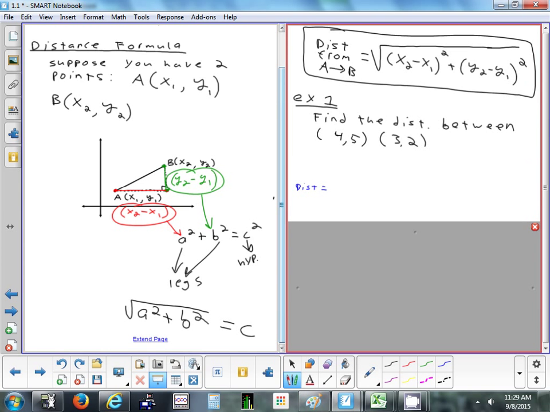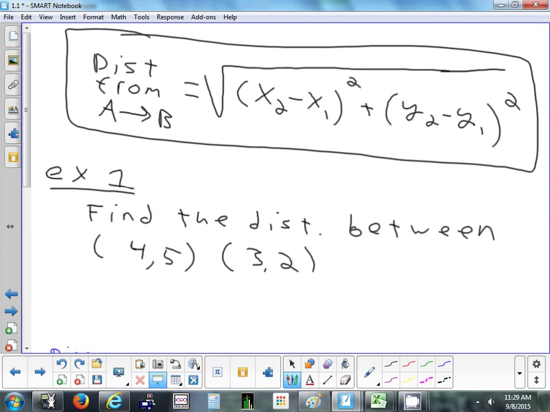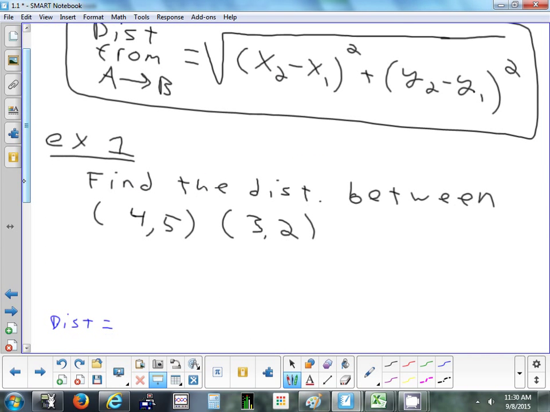Let's try that example. Okay, find the distance between the points (4, 5) and (3, 2). Generally, so I kind of know what's going to go where, I just label everything in the problem. What's x1, what's x2, y1, and y2.